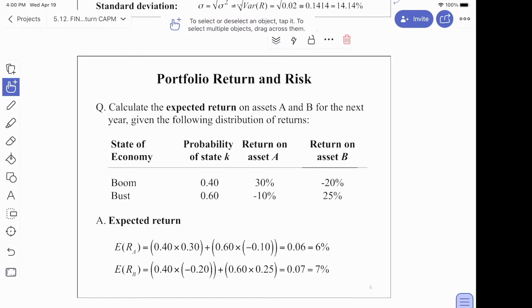So before I get to this next piece where we're going to combine assets to create a portfolio of assets, I haven't talked about the statistics regarding combining yet. So this is the new stuff, all right? This is the new material.